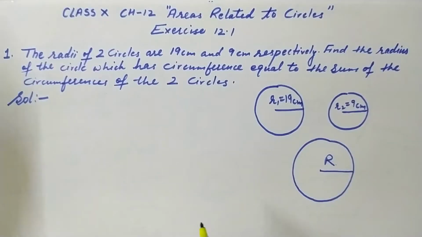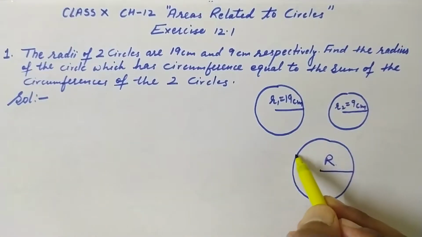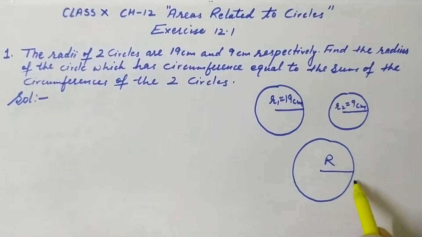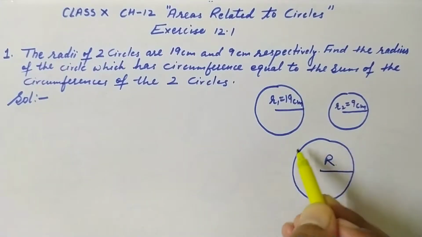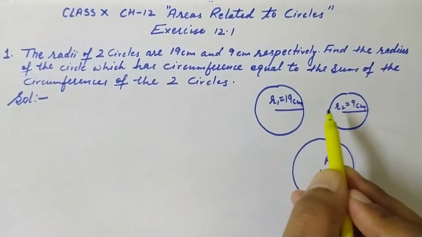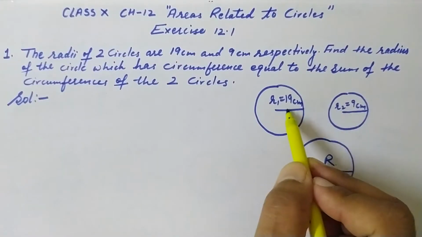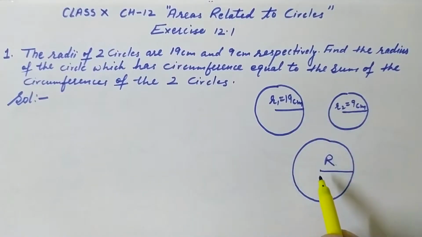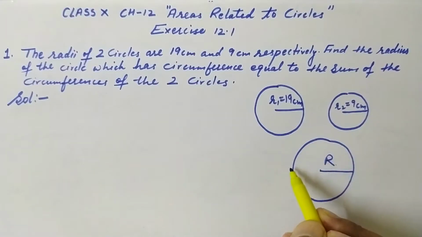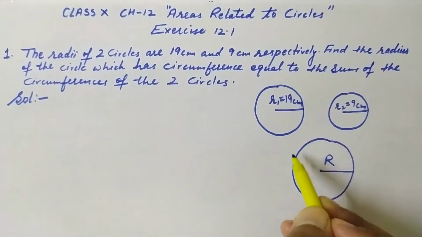So we will have the equation that the circumference of this required circle is equal to the sum of the circumferences of these two circles. Then we will fill in the values. The formula for the circumference of the circle is 2 pi r. Circumference is the boundary of the circle, right?